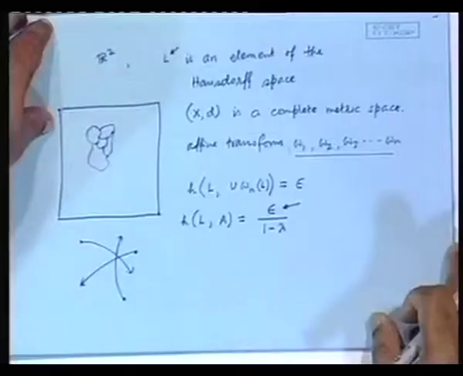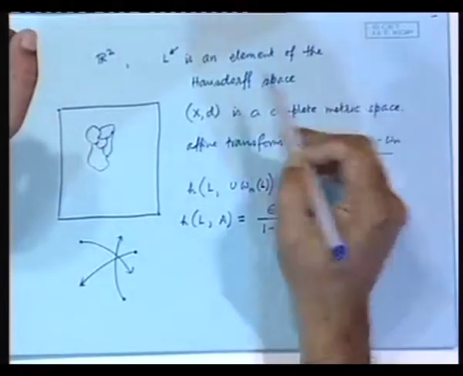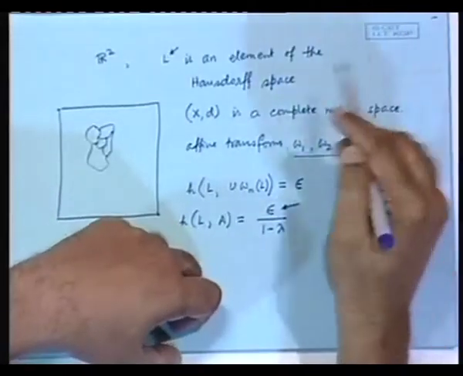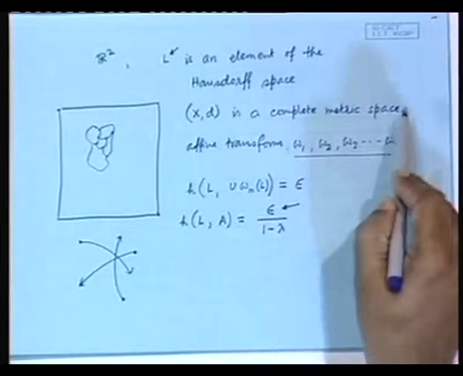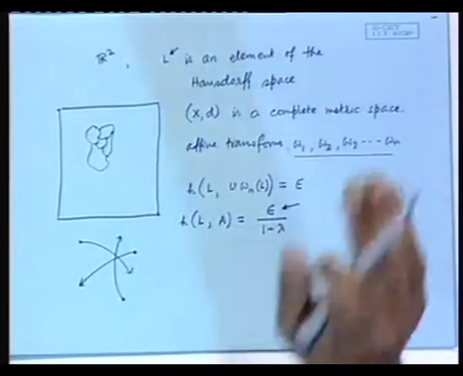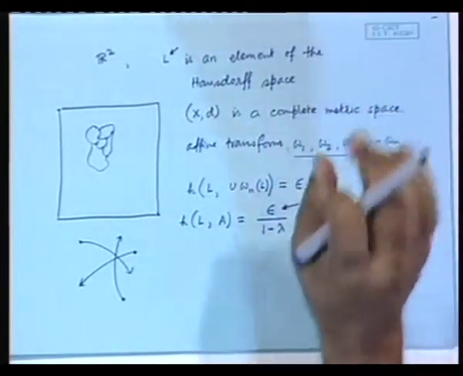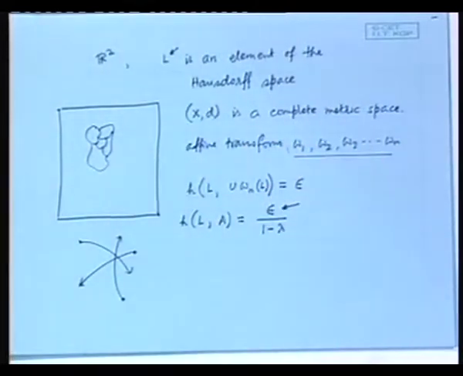Look at the structure of the Collage theorem. We said that there is an element of the Hausdorff space L. XD is a complete metric space, so that as we take the steps, we know that we always land in an element of the Hausdorff space.